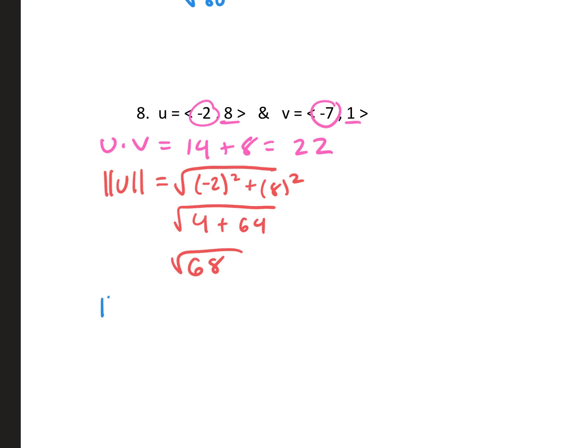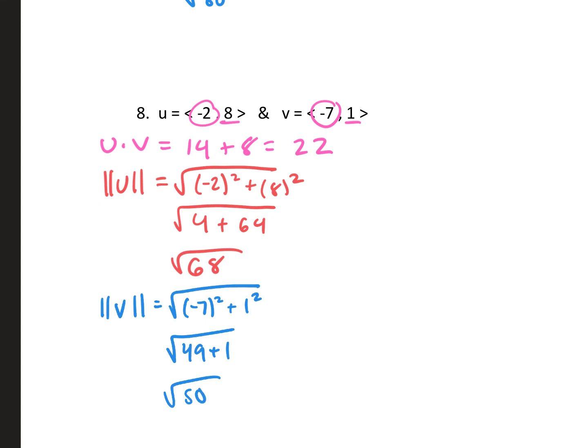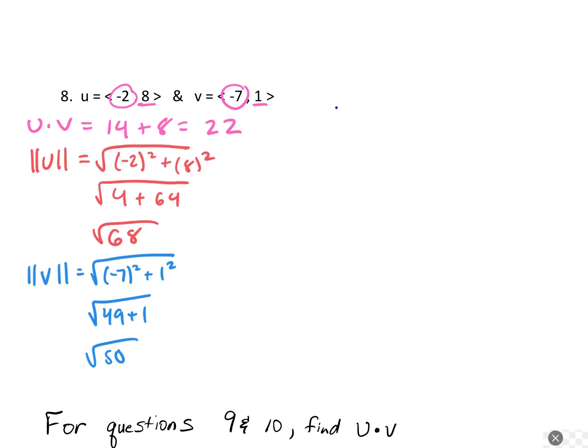And then we have to find the magnitude of v. So that'll be the square root of negative 7 squared plus 1 squared. So 49 plus 1 is the square root of 50. Plug everything that we have in. So we have the cosine of theta is equal to the dot product over magnitude of u times the magnitude of v.